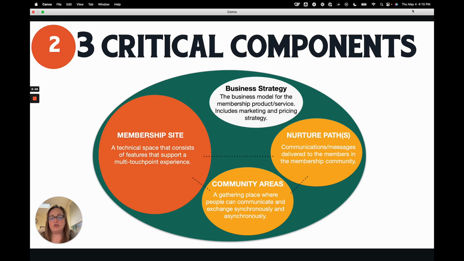Communities could be things like Facebook groups, Circle, Mighty Networks, Discord. These are some of the popular ones out there. But the community part is the second critical component. The third critical component is what I call nurture path. These are things like text messages, emails, DMs. It's the little tiny touch points that help drive the behavior back into the content and the community areas.